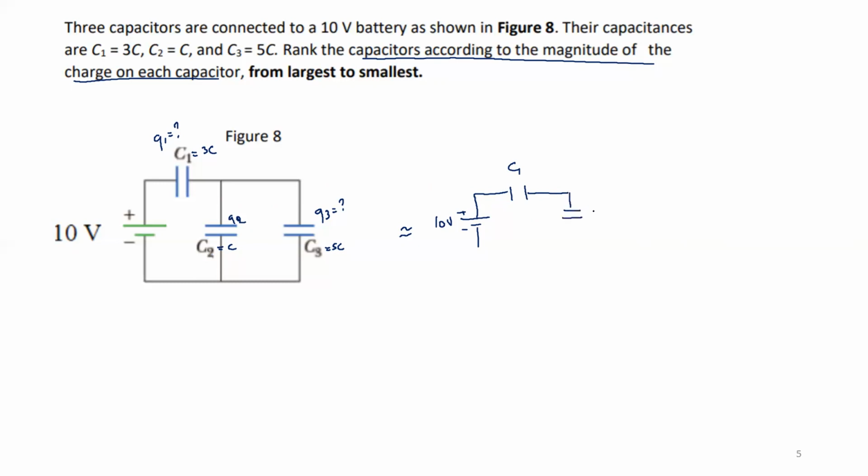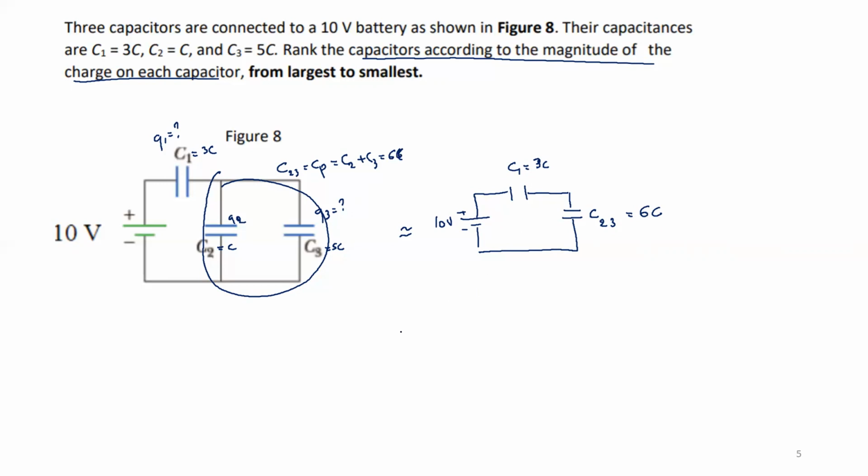So I can replace them by the equivalent capacitance C2,3, which is C parallel. By the way, what is it? C2 plus C3. So C2 plus C3 gives you what? 6C. Now I have C1, which is 3C, in series with C2,3, which is 6C.